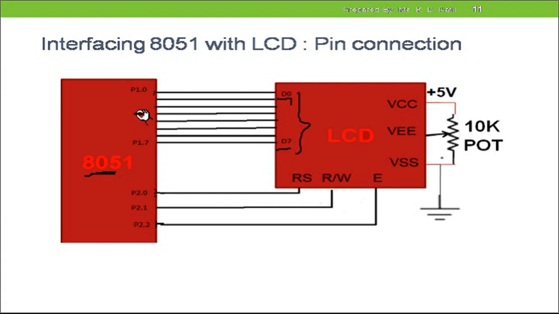Whatever data we send to the LCD will be sent through those lines, from P1.0 to P1.7, and it will be received at the LCD's end through the lines D0 to D7. The commands we send will also be sent through the same lines.